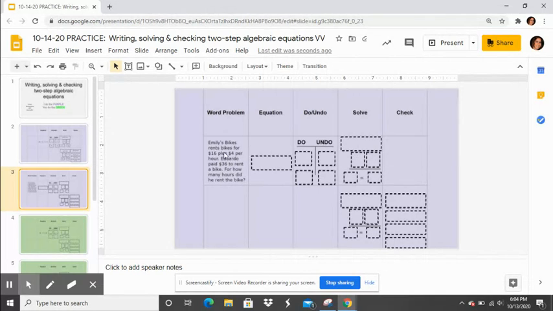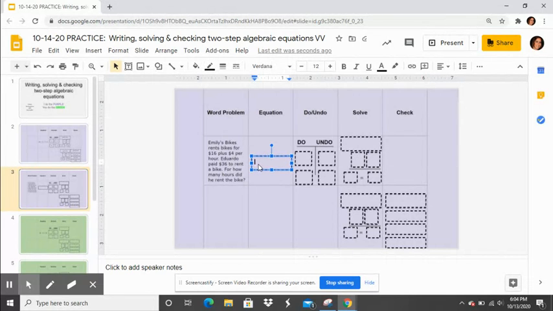So I look in the problem and I find where it's mentioning hours, or I could also see per hour. So he's going to have to pay $16 to rent the bike plus 4 each hour. And altogether, he's going to end up paying $36.